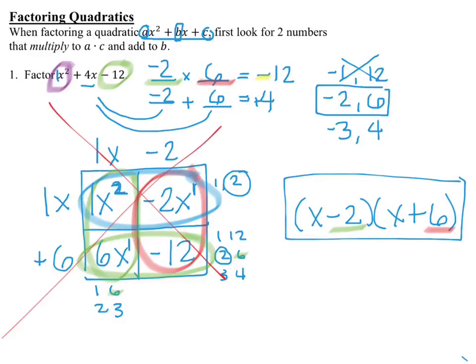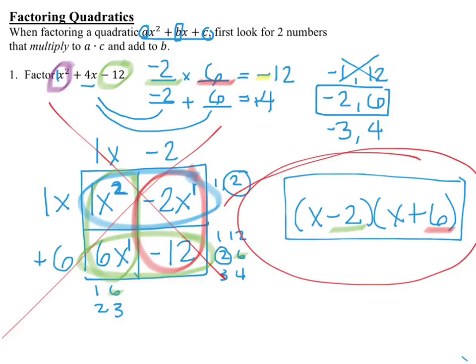I could have skipped all of that and gone straight to my answer. Put the x minus 2 in one parentheses, x plus 6 in the other parentheses. But this only works if the number in front of x squared is a 1. So let's go and see what happens if that number is not equal to 1.